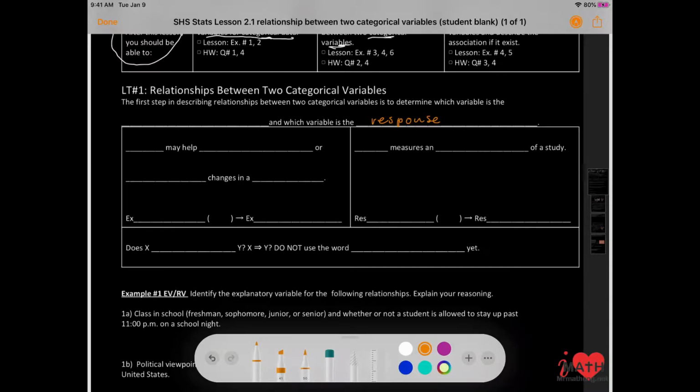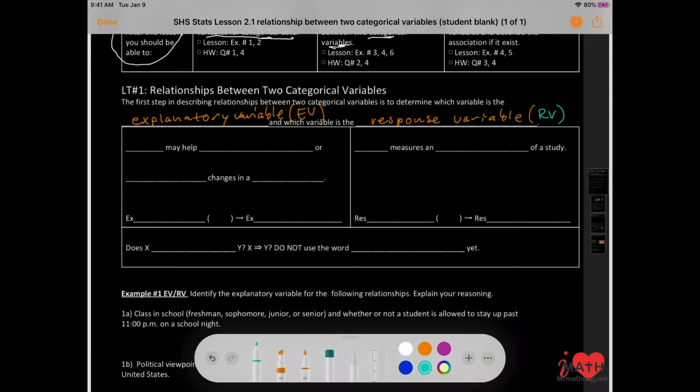And the other one is called the explanatory. They're both variables, and those are abbreviated by EV, and let's use a different color over here, RV.